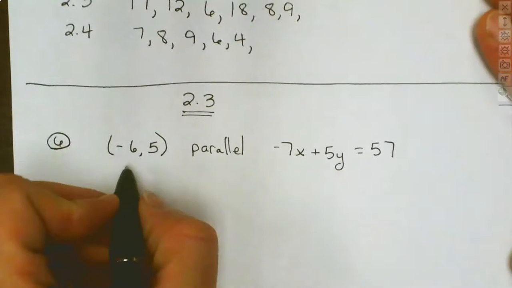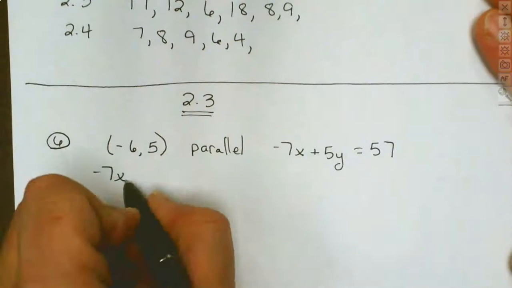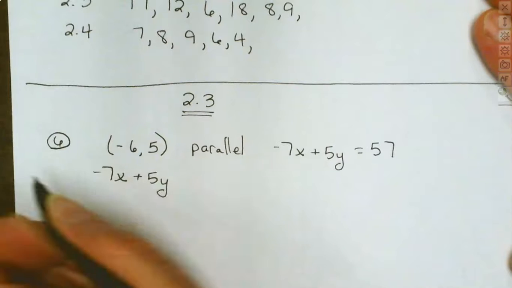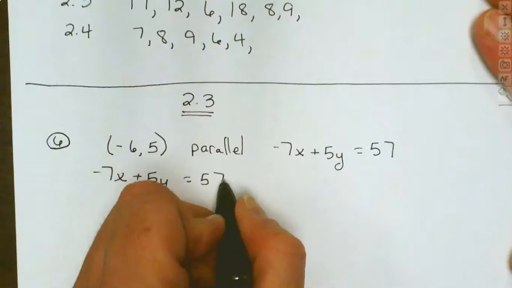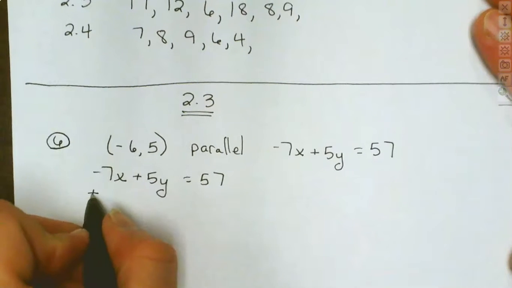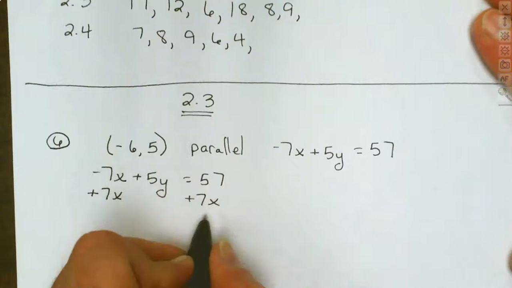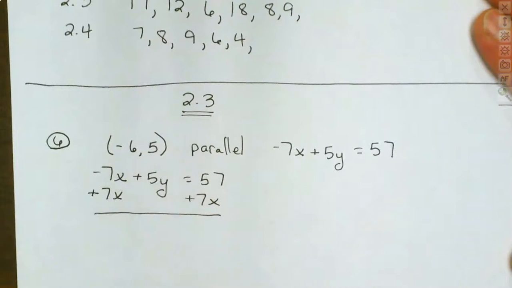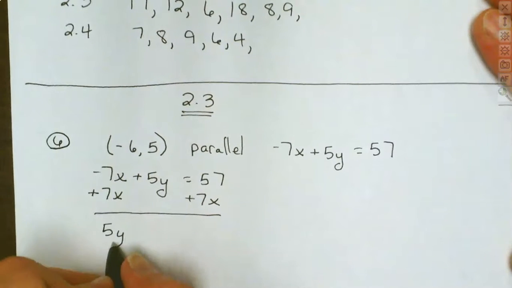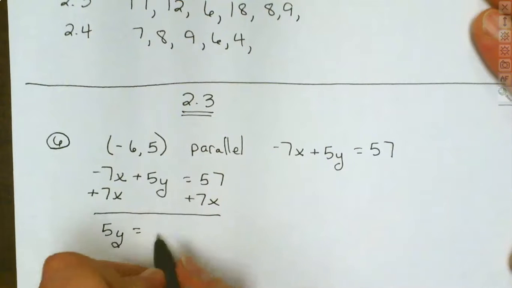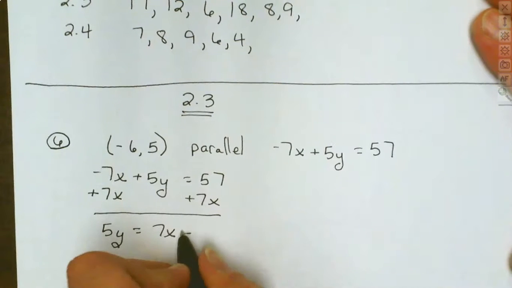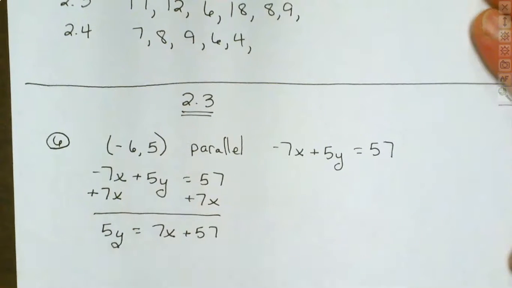So we're going to take our equation and we're going to go ahead and solve that for y. So I'm going to add that 7x over. And that leaves us then with 5y equals 7x plus 57.